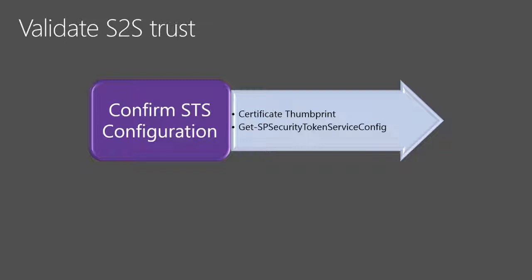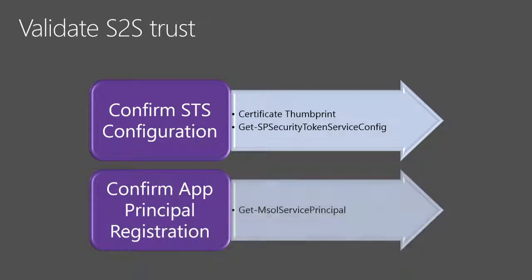You could use the Get-SPSecurityTokenServiceConfig cmdlet to get that information. You need to confirm that your MS Online service principals are correctly populated, there are no duplicates and there are no typos. We have seen that too, where you type and there is a typo in the domain name that has been added as an SPN.